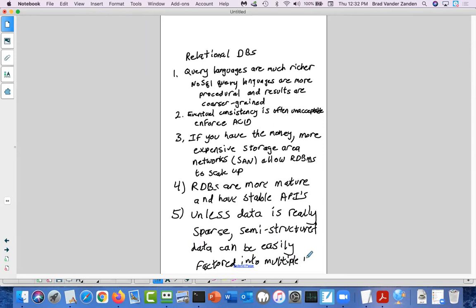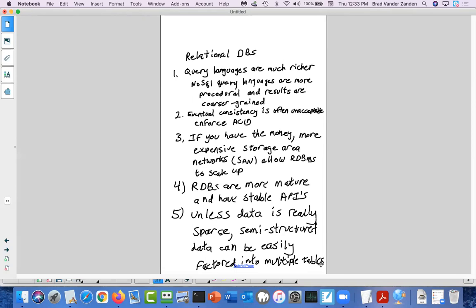Now that may affect performance, but in terms of modeling, it's really not that hard in a relational database system to factor sparse data into separate relations. And we've shown you how to do that with normalization.